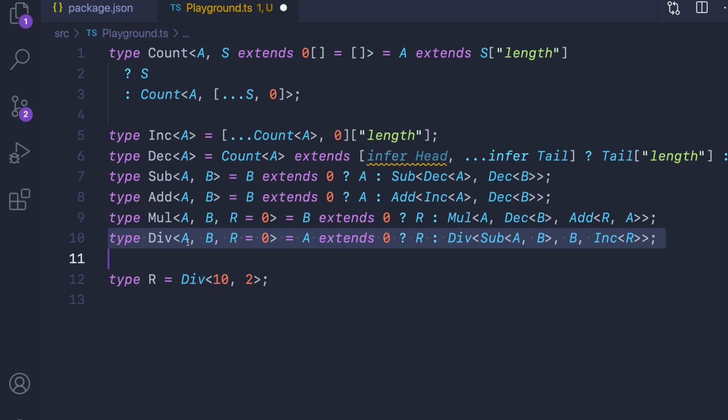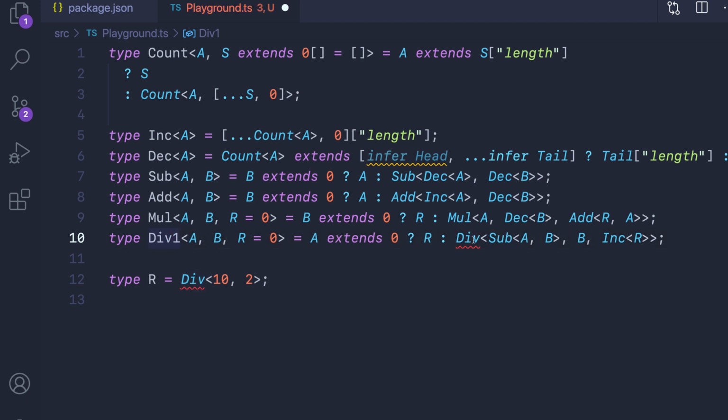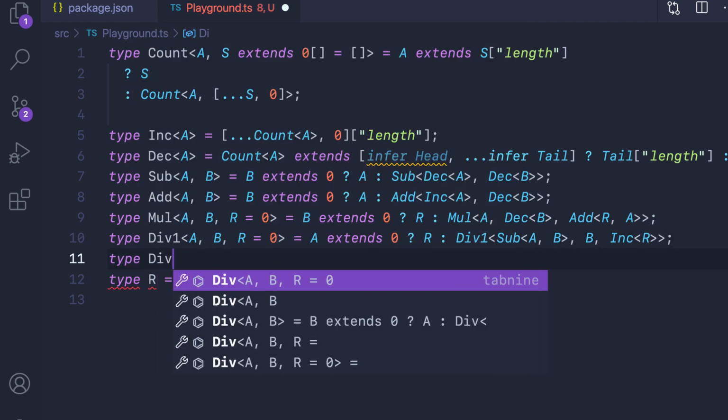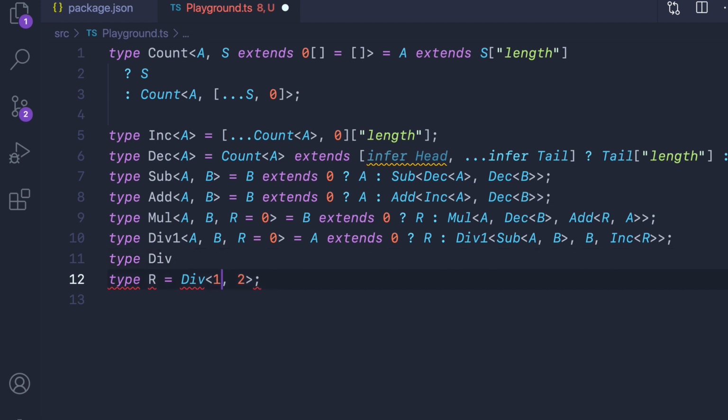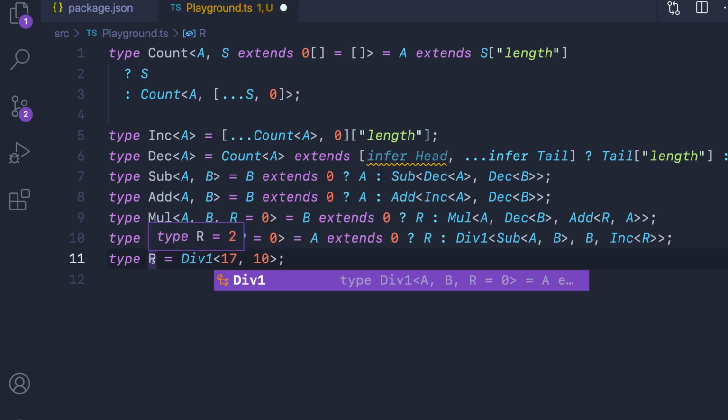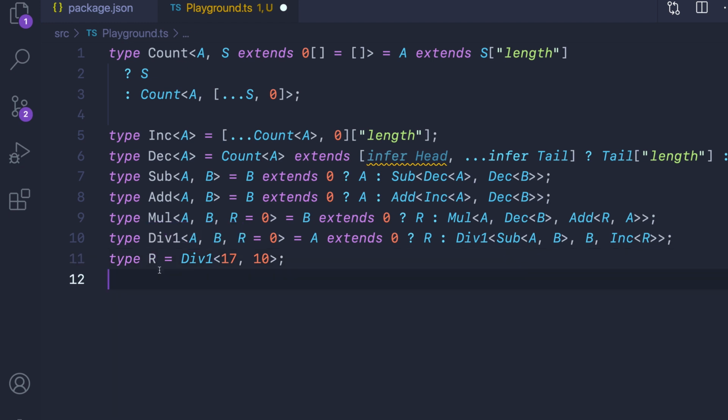Yeah, super straightforward. So now let's do Euclidean division. Let's call this one div1. This div only works if it's evenly dividable. Now let's do 70 divided by 10. So here it says 2, which is wrong.